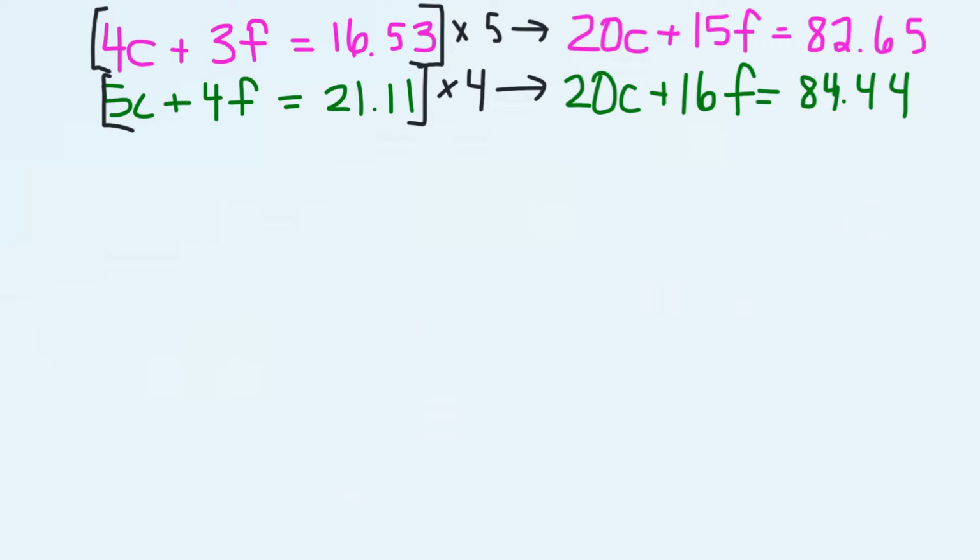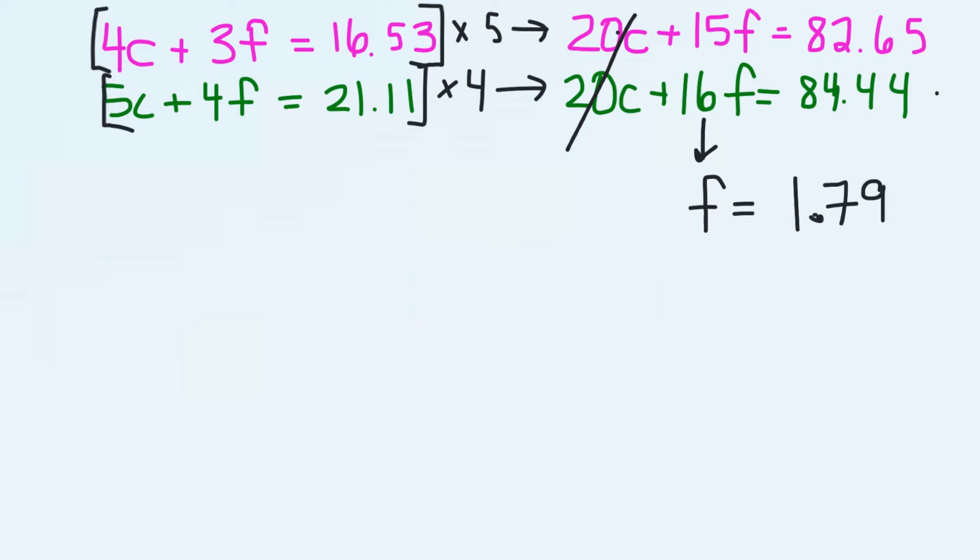Now with that done, we use our elimination method. We're going to take everything in the green equation and subtract all the terms in the purple equation. So we do 20C minus 20C, and those cancel out. Then we do 16F minus 15F to get 1F. And then 8444 minus 8265 gets us 1.79.